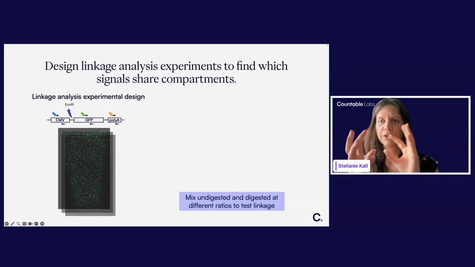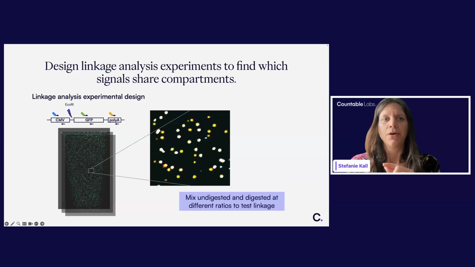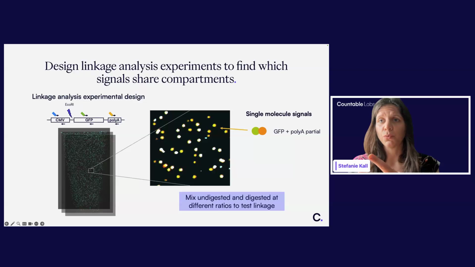And what happens is, because we're building that sort of map in 3D, the computer algorithm that does the linkage analysis can actually map exactly which ones are oriented in exactly the same compartment space. So what you get is this composite map, and that's telling you what the different signals are. So you've got the GFP poly A partial, you've got the CMV enhancer partial, and you've got the complete genome.